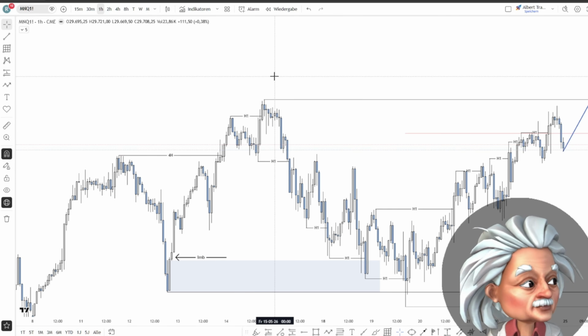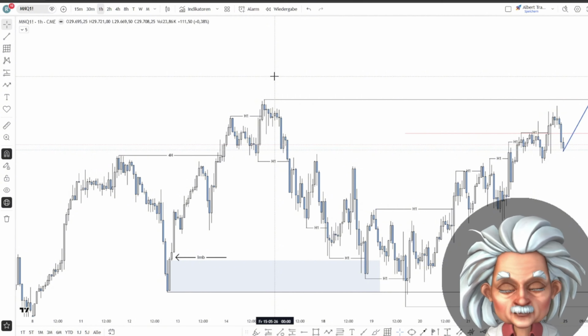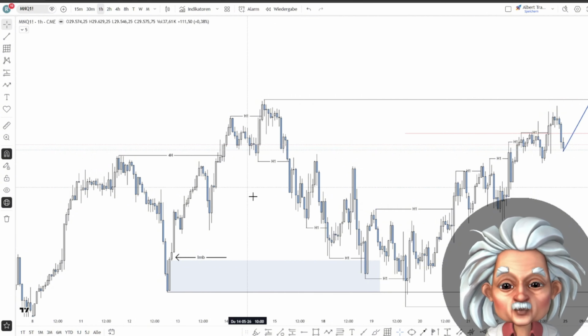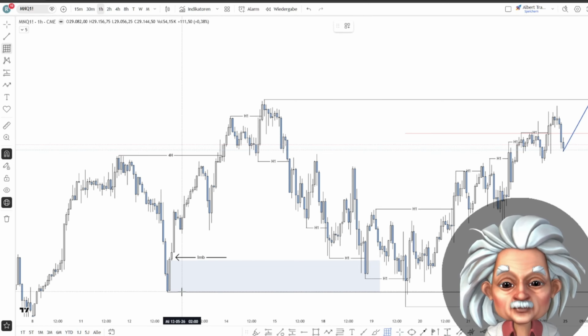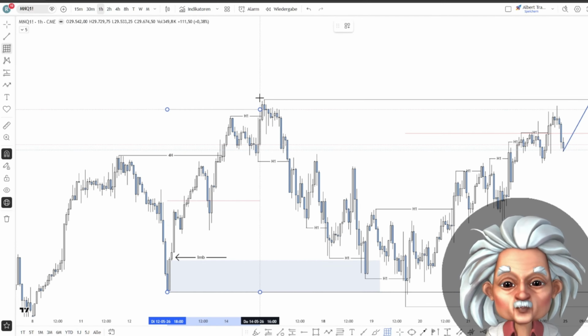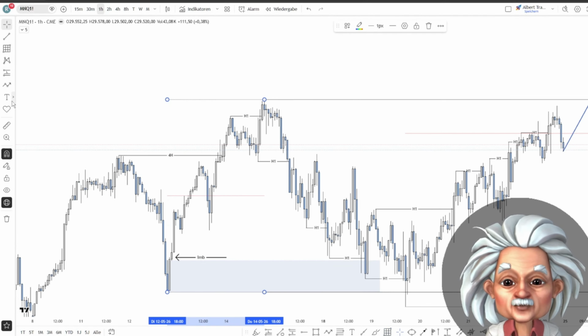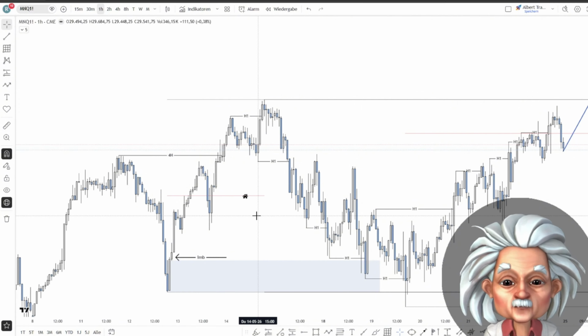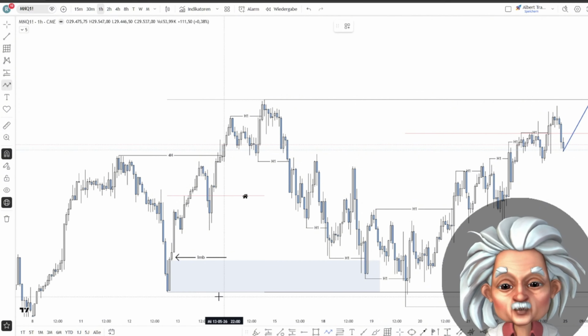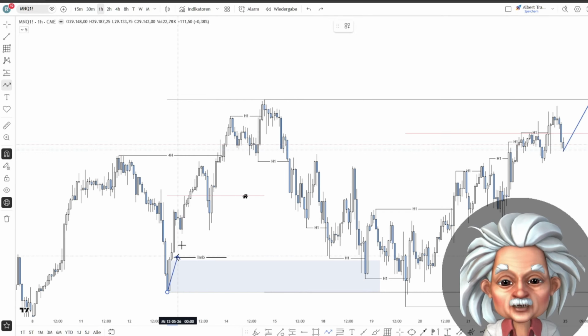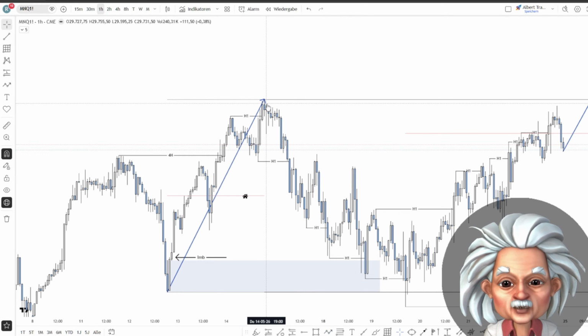You have to always use the analogy. For example, you have to imagine you want to buy a car. Let's say we want to purchase a home, and the home price is going from this to this level.